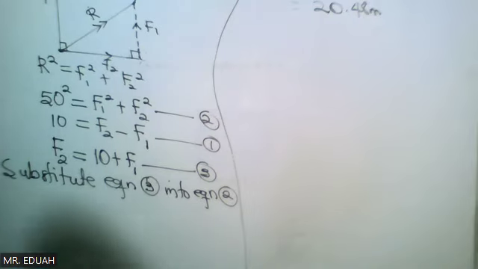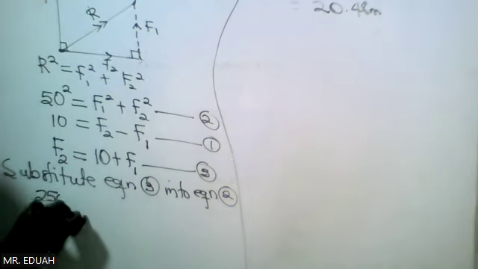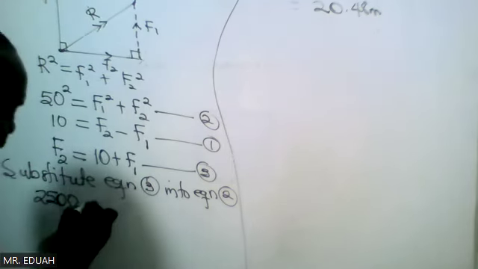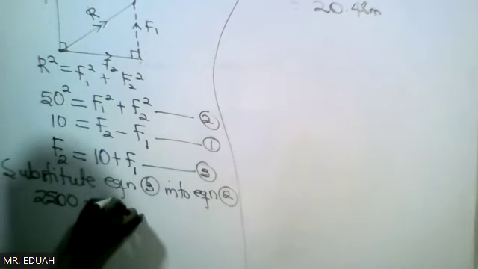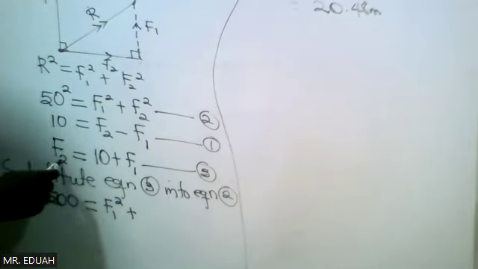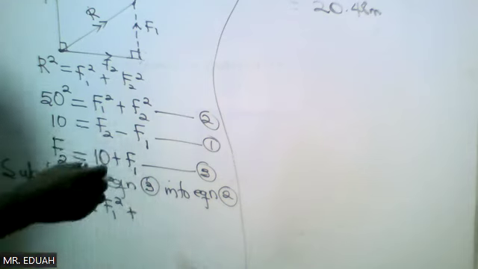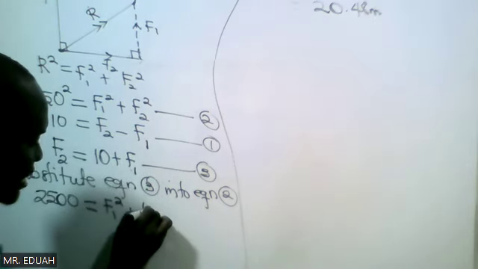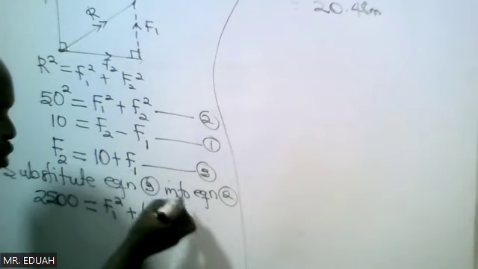What is 50 squared? 2,500 is equal to F1 squared plus. Now, wherever we see F2, we are going to put 10 plus F1 into the equation. So we have 10 plus F1 squared.